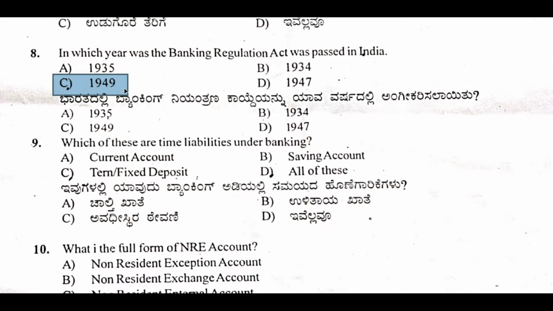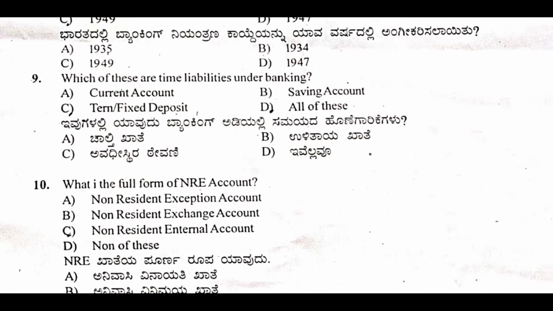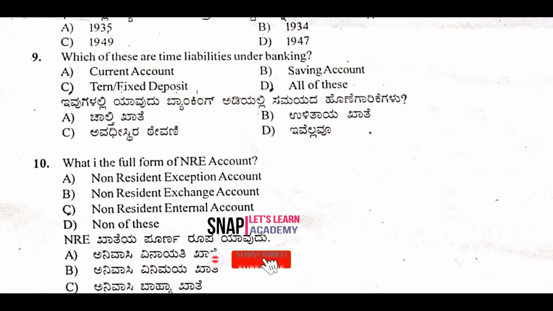The next question is question number 9. Which of these are time liabilities under banking? Option A, current account. Option B, savings account. Option C, term or fixed deposit, or all of these. Time liabilities are those liabilities which are to be paid on completion of a prescribed period.